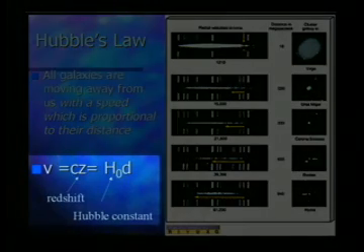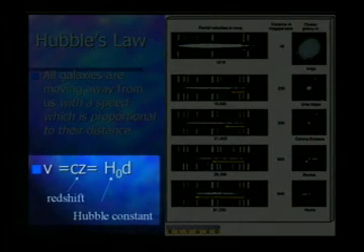So here is one of the simplest but most important formulae in all of cosmology, namely that the velocity of recession, which is just defined as the speed of light times the redshift z, is given by Hubble's constant times the distance. And this Hubble's constant has been measured to more or less 10% accuracy by the Hubble Space Telescope in the last 10 years.